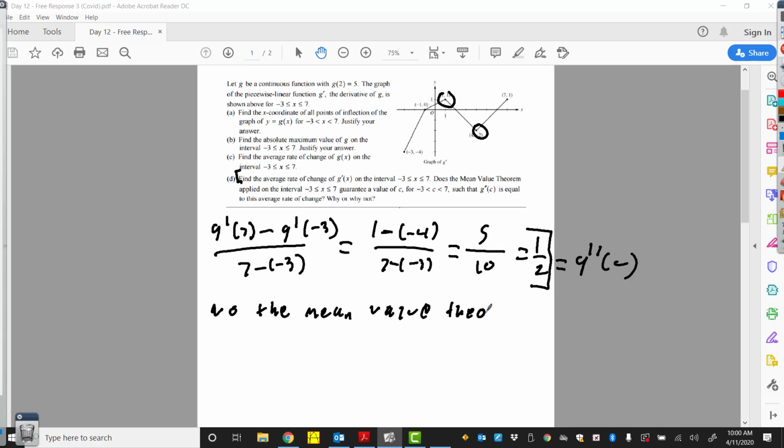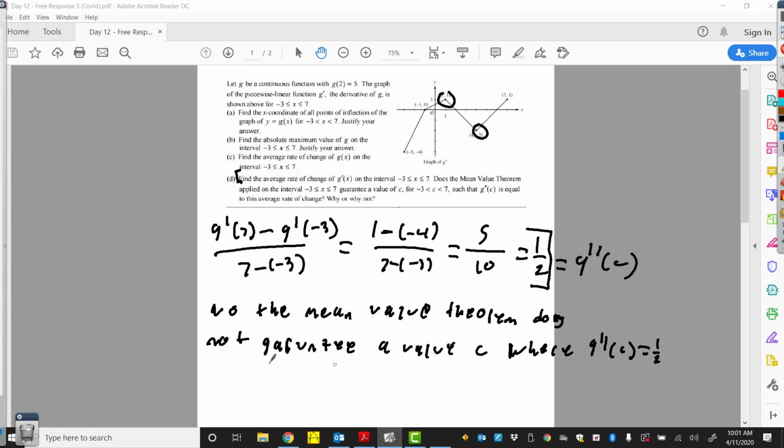No, the mean value theorem does not guarantee a value c where g double prime of c equals 1/2, because g prime of x is not differentiable at least at 1 point for -3 to x to 7.